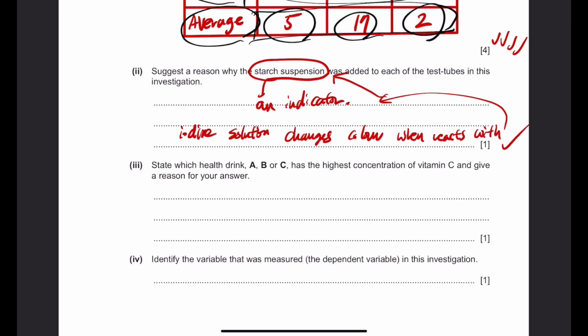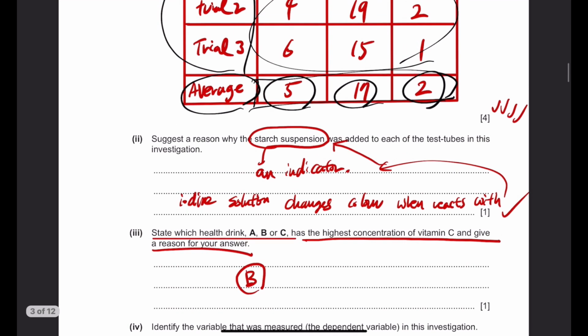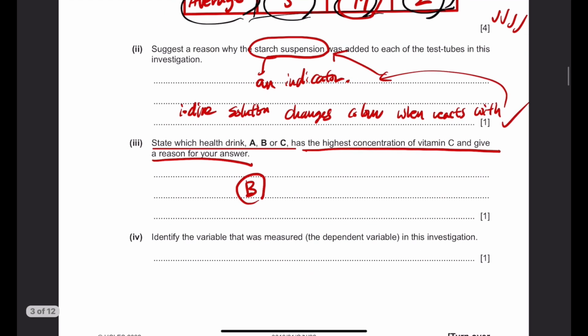Actually, we got 4 marks for this one as well. And state which health drink, A, B, or C, has the highest concentration of vitamin C, and give a reason for your answer. I guess it's B, right? Because on average, 17 drops of iodine solution was needed to see the color change. So it's only a 1 mark question.